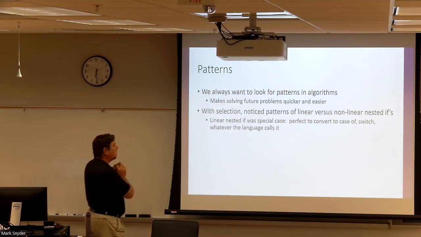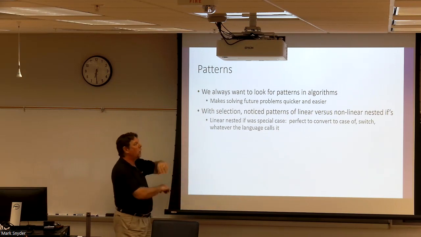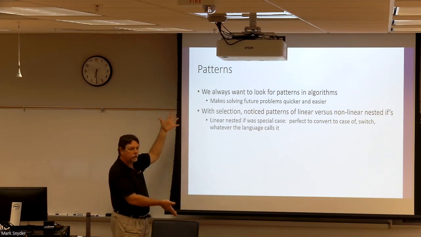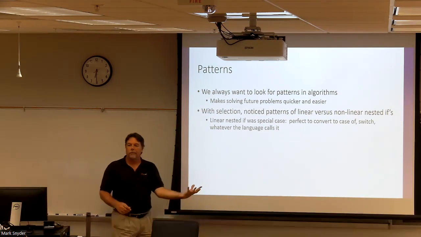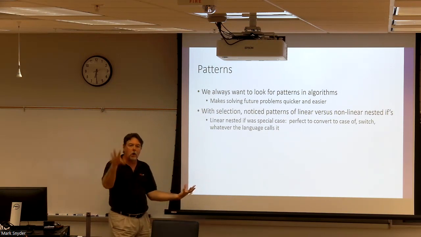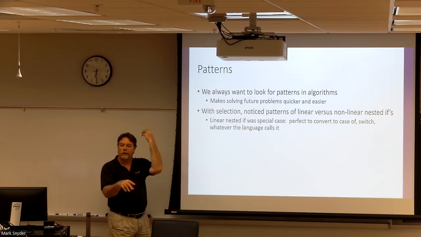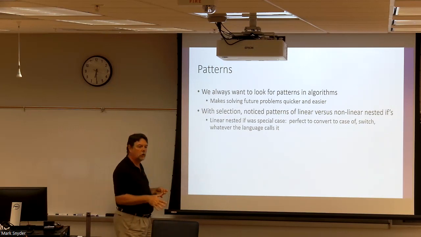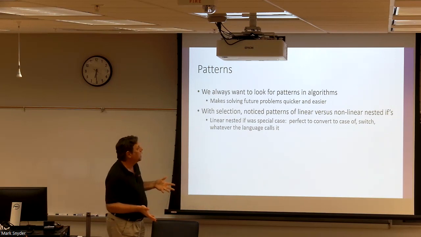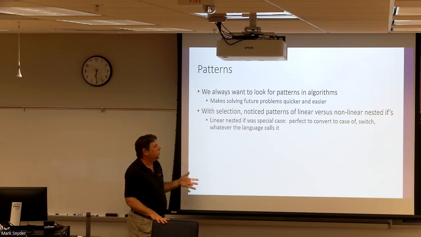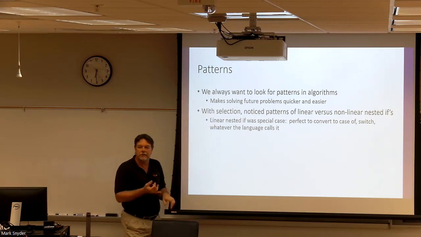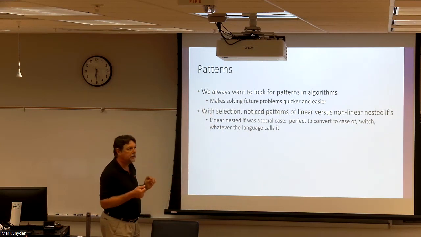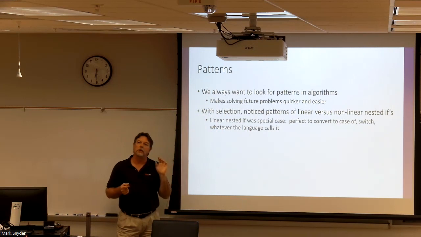As we're looking at these problems, we want to continue to identify patterns. Whenever we see a pattern we're familiar with, we can say, oh, I already know how to solve that. I can go to my Rolodex and pull out a similar solution, and use that for this one, or at least as a starting point. When we were dealing with selection, if statements, we realized that some of these have a particular pattern to them.